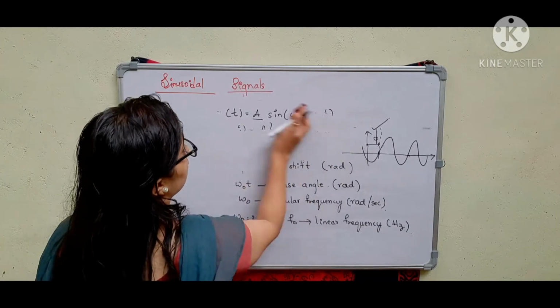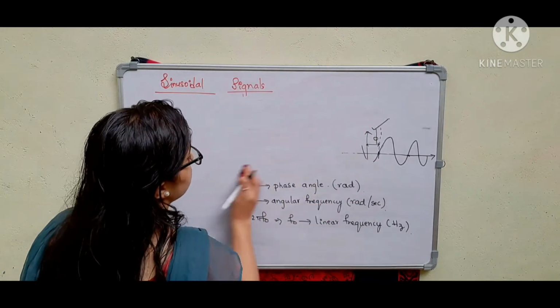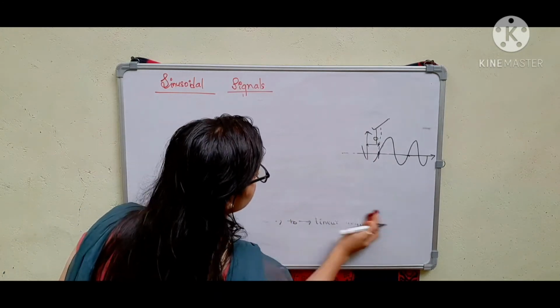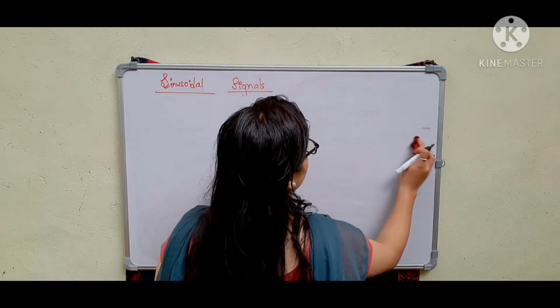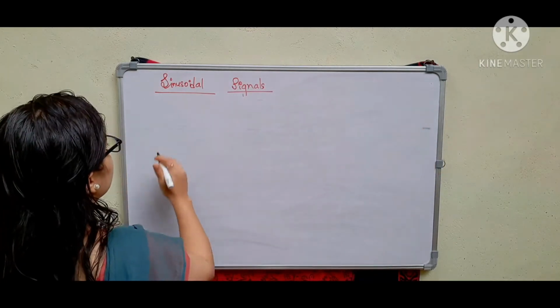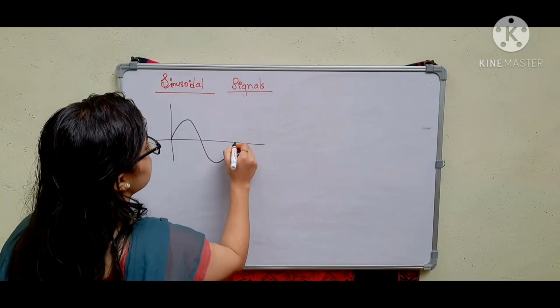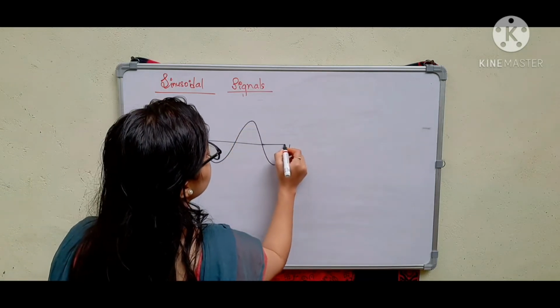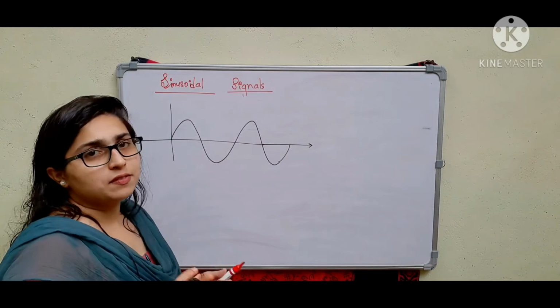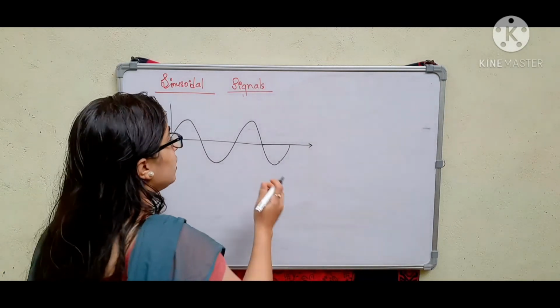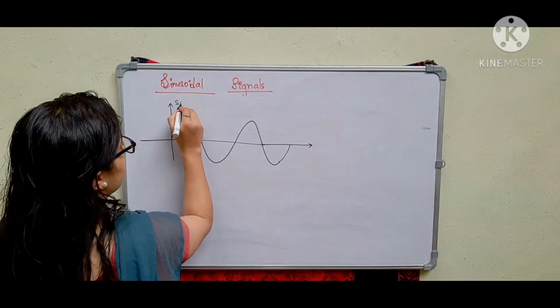Next, I will represent these signals. If I consider sinusoidal signals, meaning sine signals or cos signals, they do not have starting or ending points. So this is our sine signal.